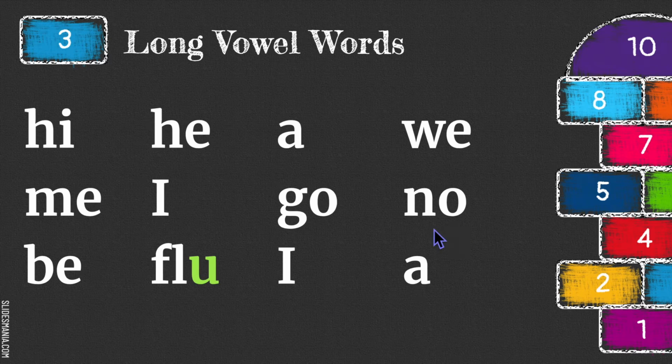N, o, no. B, e, be. F, l, oo, flew. Now here we use the oo sound because saying U after the letter L is too hard to do, because that would sound like flew, and that's very difficult. So we use the oo sound. Flew.